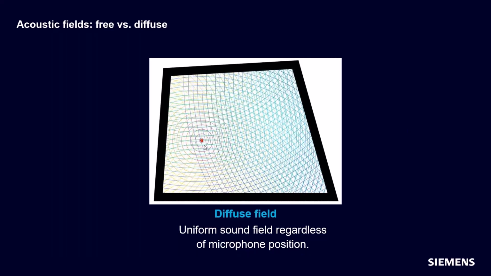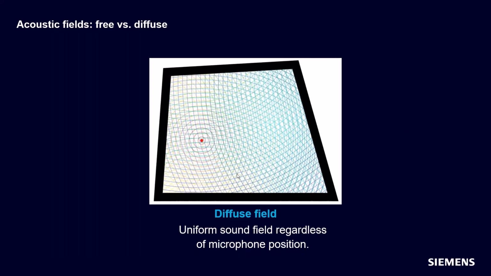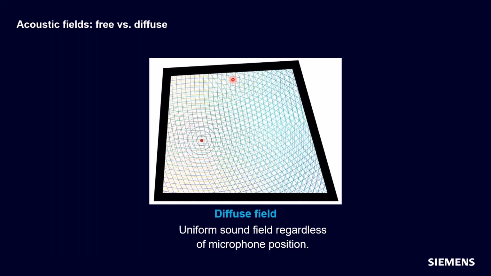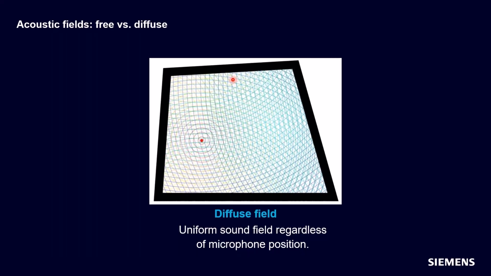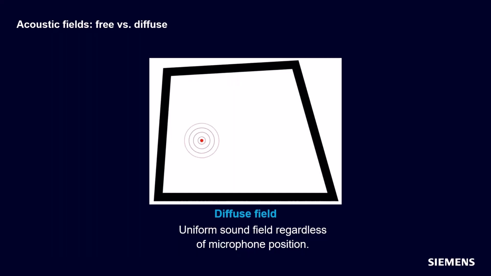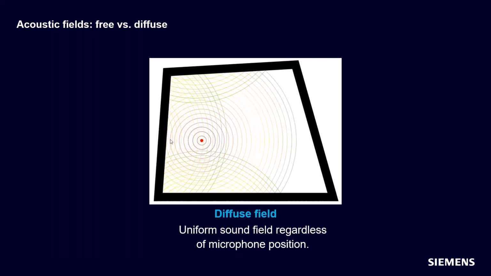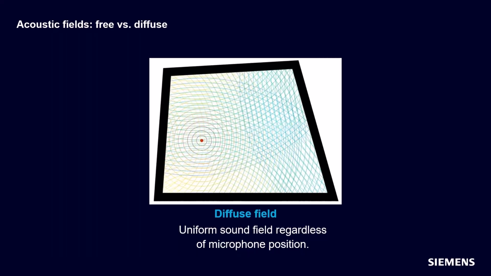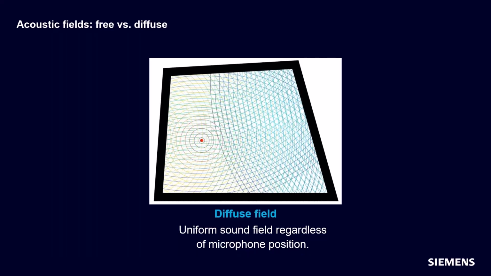As the sound field builds up and stabilizes, if I put a microphone in this location, this location, and this location, they would all have the same sound pressure level reading. And you can see that we've got a source and these sound waves are bouncing and reflecting off the sides of this room, and that's what's causing this buildup of, I'll call it, a reverberant environment.